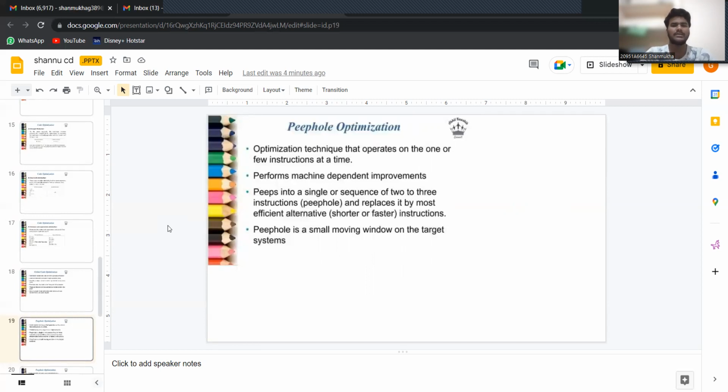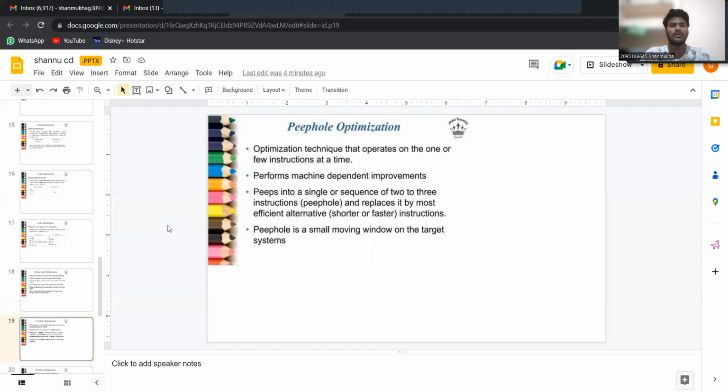Peephole optimization is an optimization technique that operates on one or a few instructions at a time. It performs machine-dependent improvements, keeping a single instruction or a sequence of 2 to 3 instructions in the peephole, and replaces it with a more efficient alternative.